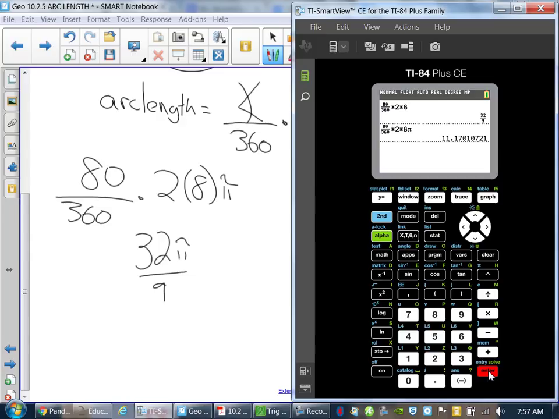The reason we say it like that is because next year when you get into your unit circle, you're going to have angles that are 2 pi over 3, and that's how you would write it. We don't write 2/3 pi, we usually say 2 pi over 3. That's all. It's just another way of the lingo, if you will.